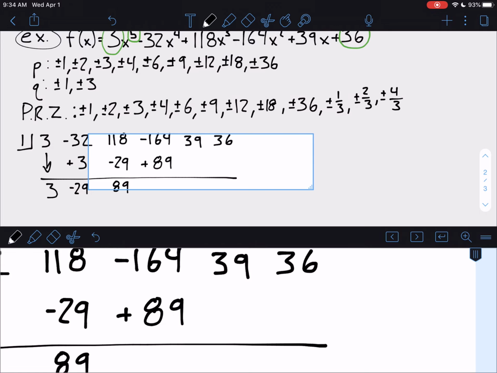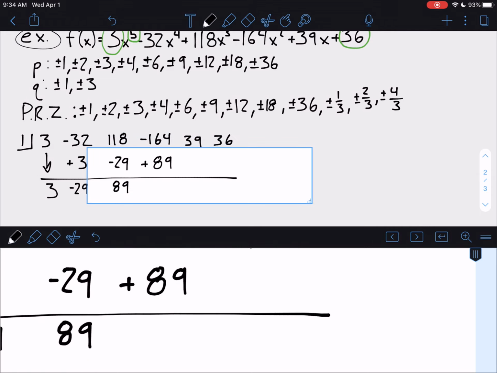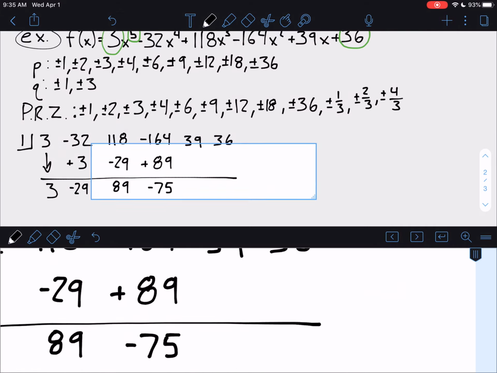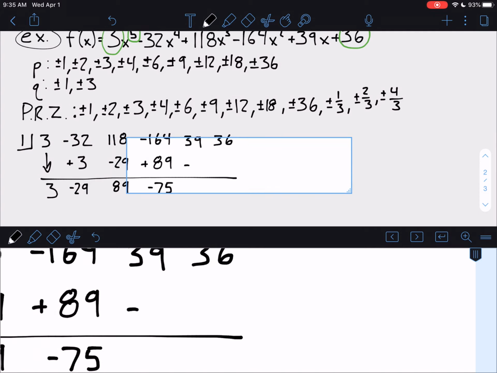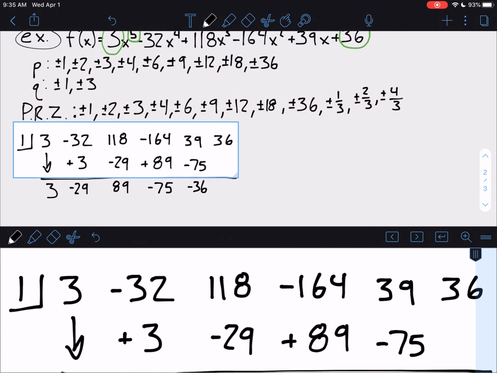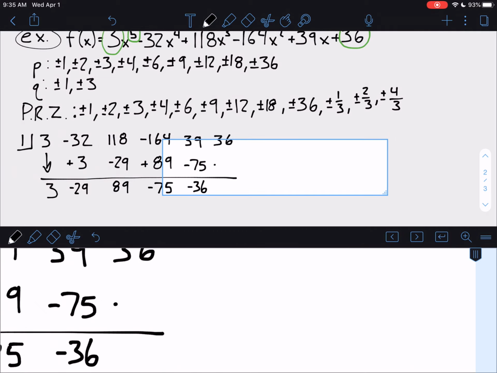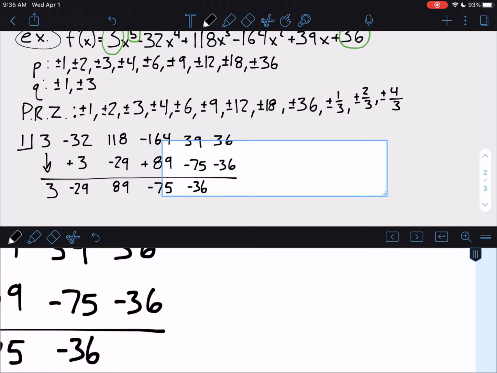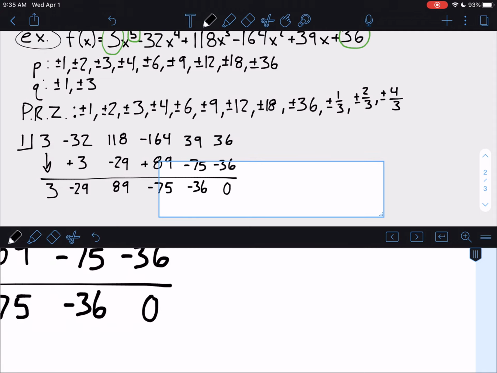So negative 164 plus 89 is going to give me negative 75. And the 1 times negative 75 is negative 75. 39 minus 75 is negative 36. And 1 times negative 36 is negative 36. 36 minus 36 is, fortunately, 0.